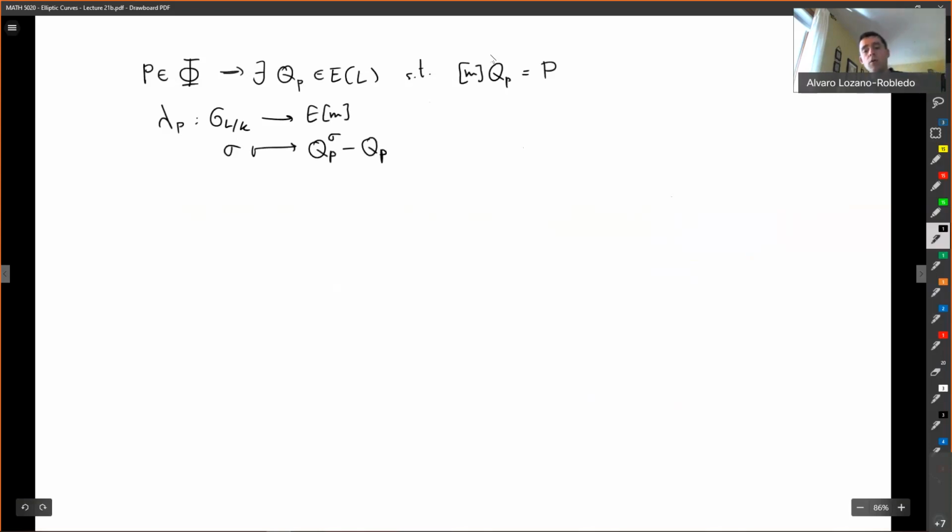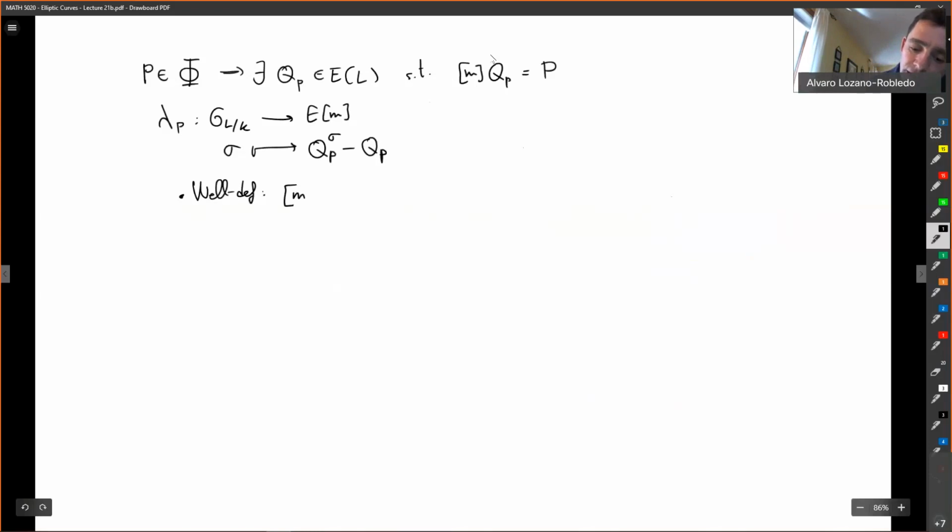That's sigma acting on Q_P minus Q_P. Let's check that this is in fact well defined. So I need to check that lambda_P of sigma is actually an M torsion point.